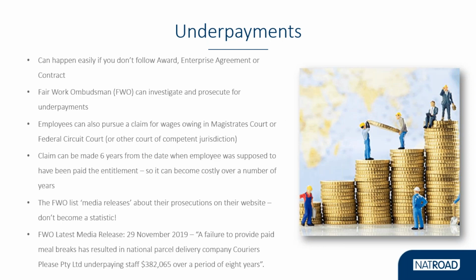Key thing to be aware of is claims can be made for 6 years from the date when the employee was supposed to have been paid the entitlement. So underpayments can become very costly when they go over a number of years. And while it may only be even a number of cents per hour, when you think about the number of hours an employee may work per month, per year, and then over 6 years, these things can increase exponentially at a very quick rate.